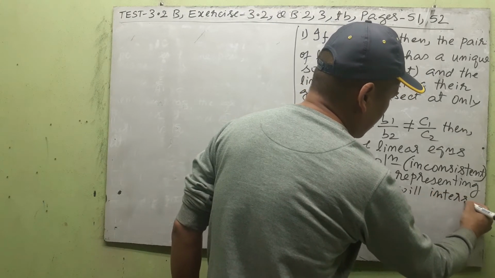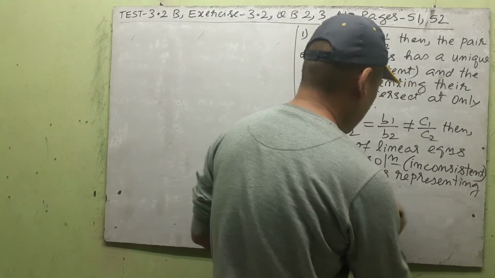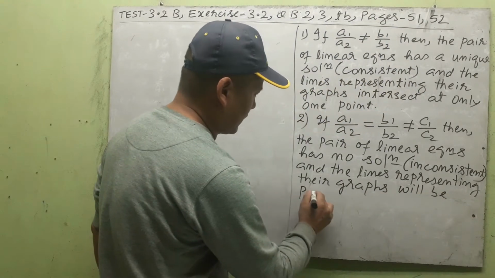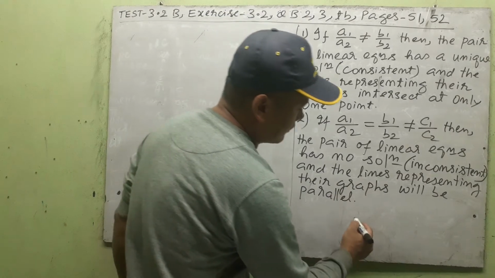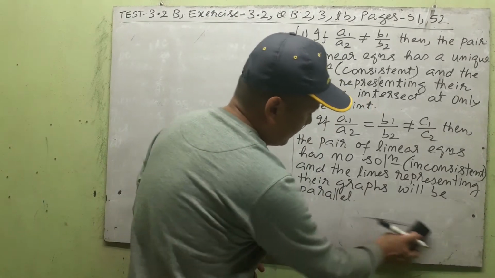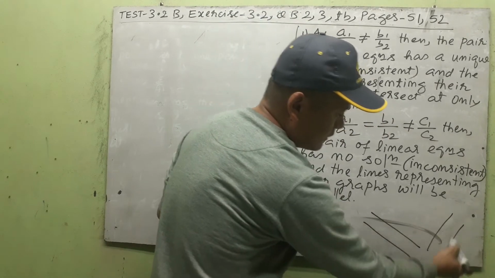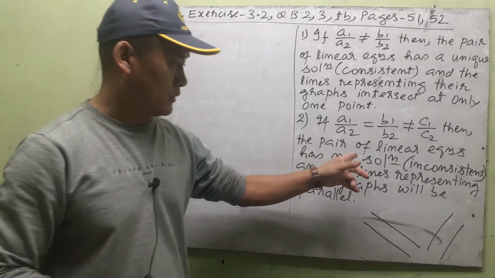Okay, they will intersect. Not intersect, sorry, will be parallel. That means they will not touch each other. That's why they have no solution. That means if you draw the graph of first one and I draw the graph of second one, it may come out like this or like this. Never going to touch each other. That's why they have no solution.